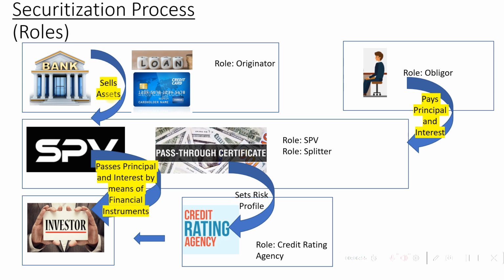So that is basically the role of the originator, which is the bank themselves, who has assets in the form of loans or credit card payments or anything like that, and then sells these assets to the SPV or special purpose vehicle. So that is the next role, which is SPV or special purpose vehicle.